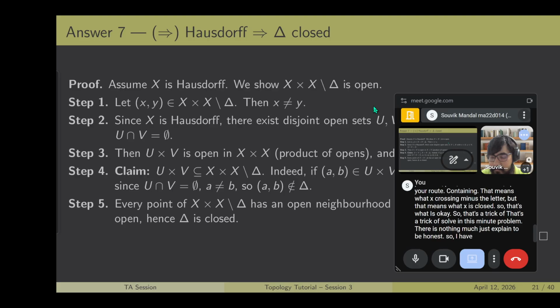I hope this is clear. Please go through the argument and convince yourself that it's correct. Take your time and let me know. Then I shall go to the next problem.